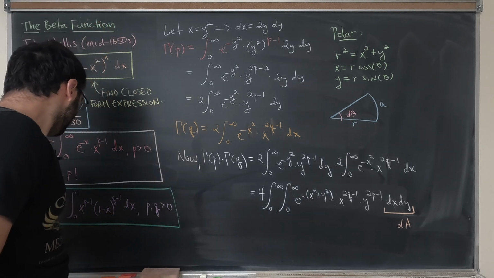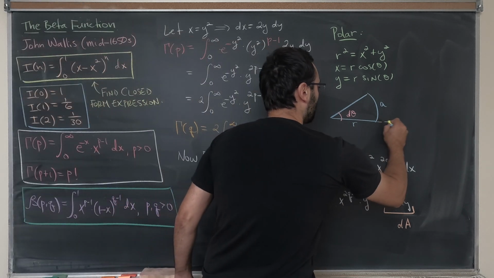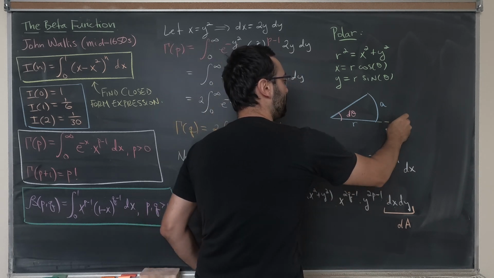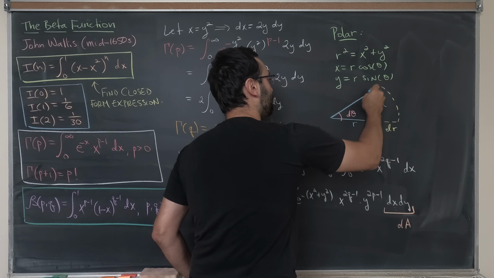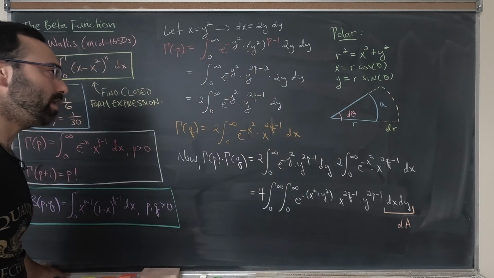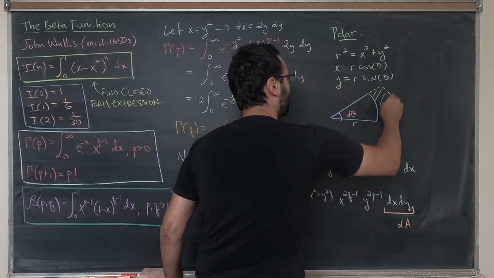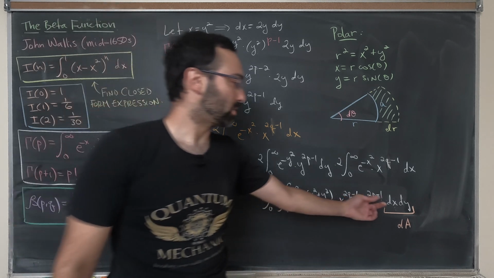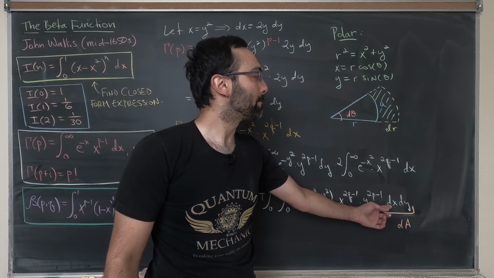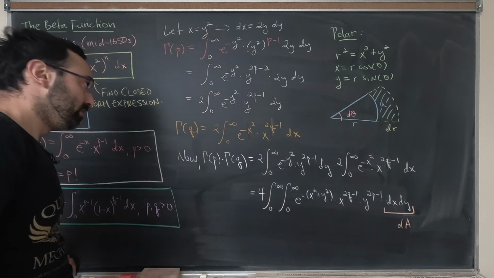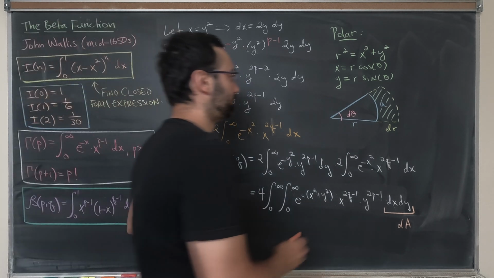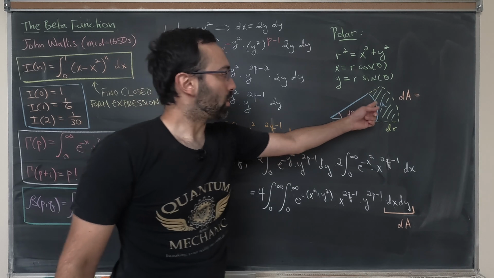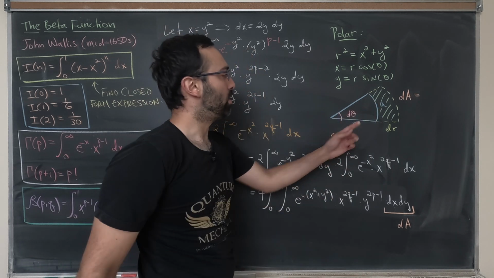Okay, well, if we extend this out by an amount dr, and now look at the wedge shape that we have, we get an area inside here, a little elemental area, which is essentially a rectangle. So in Cartesian coordinates, it'd have area dx dy. But in polar coordinates, the area would be what? Well, first of all, this arc length A is nothing more than r d theta.